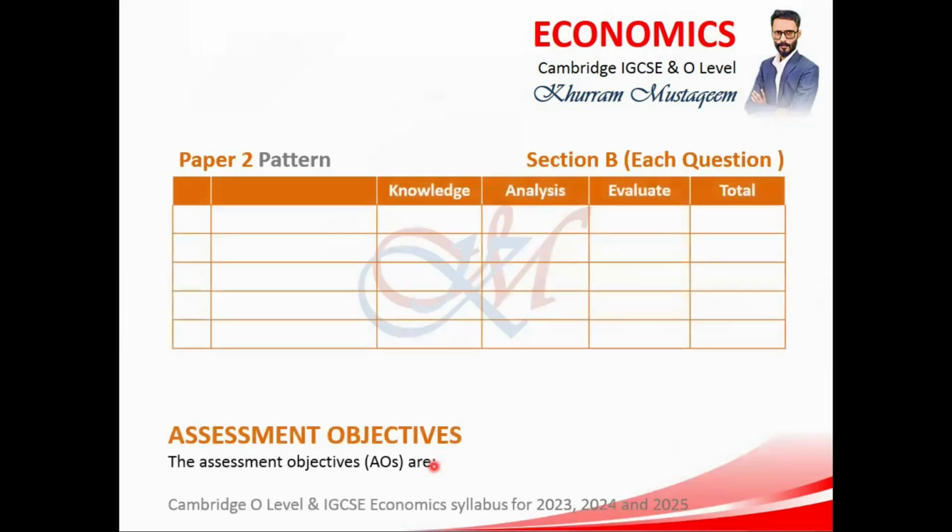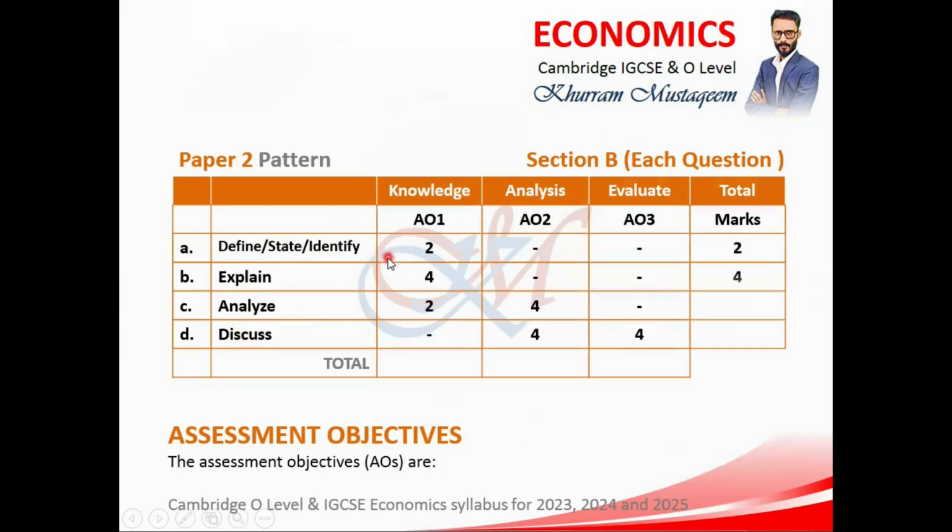Assessment objective, paper 2, section B. In section B, you have to attempt 3 questions out of 4, and each question has 4 parts: define, state, identify. Part B, explain. Part C, analyze. Part D, discuss. Define, state, identify consists of a 2-mark question, and you will get 2 marks on the basis of knowledge.